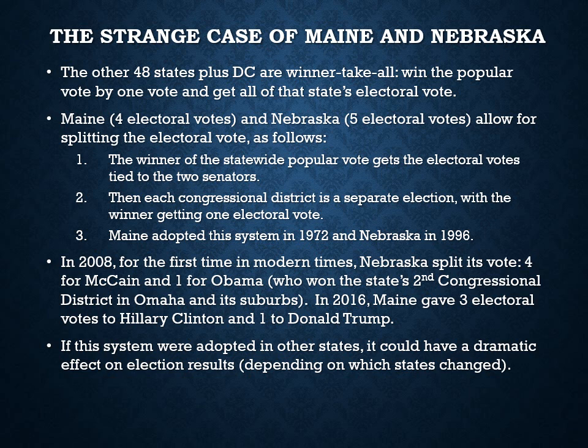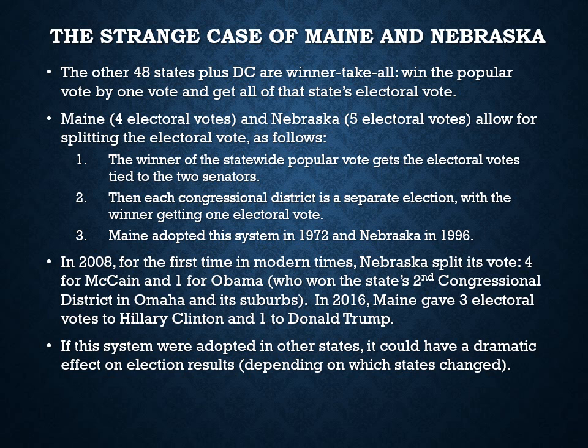Let's say that California changed their system to this. And there was a proposal on the California ballot a few years ago to do that. It was defeated. But let's say that they changed this, and let's say at the time that of their 53 members of the House, 13 of those districts gave a majority to the Republican candidate.